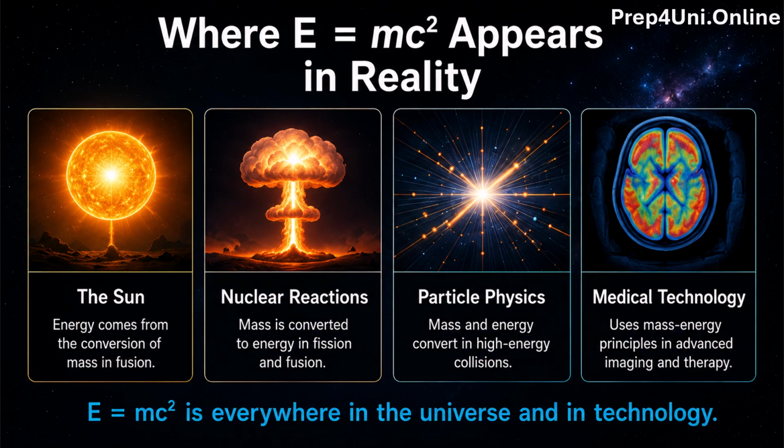It also appears in high-energy experiments, nuclear medicine, radiation physics, and astrophysics. The equation is not only about bombs or reactors. It is a general relationship between mass and energy in nature. Where mass changes, energy must be accounted for.